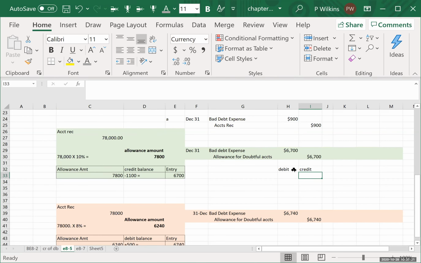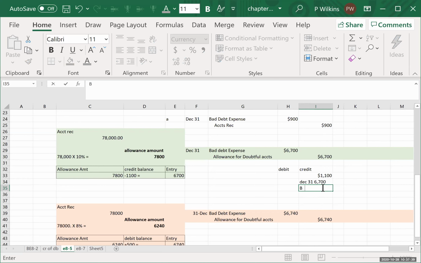And if it starts with a $1,100 credit, and you do an entry for $6,700 on December 31, and then you balance that account, the balance becomes, oh, sorry, not $6,700, $7,800. So that's where I'm talking about what you want the number to be. What you want the number to be in this instance is 78.